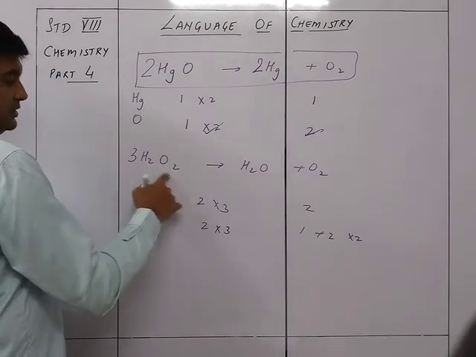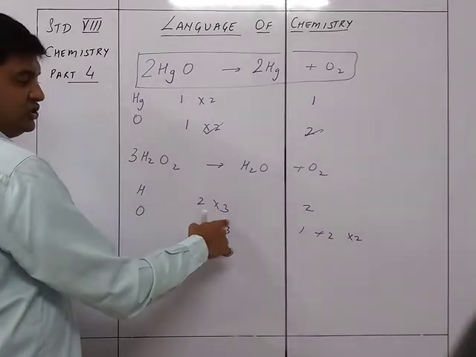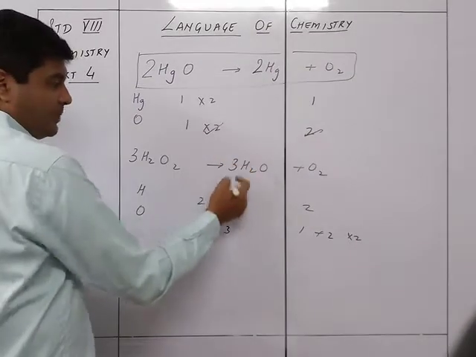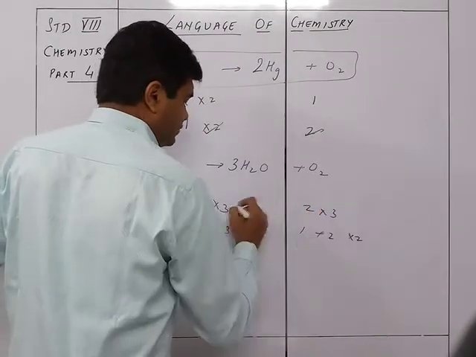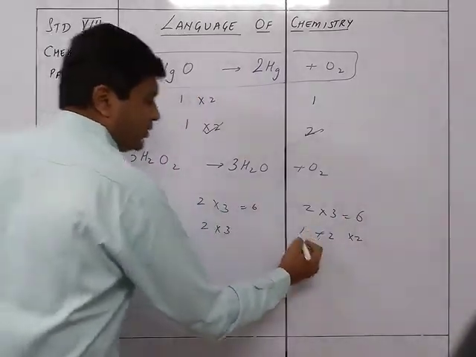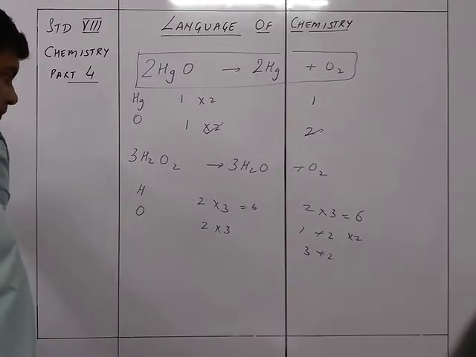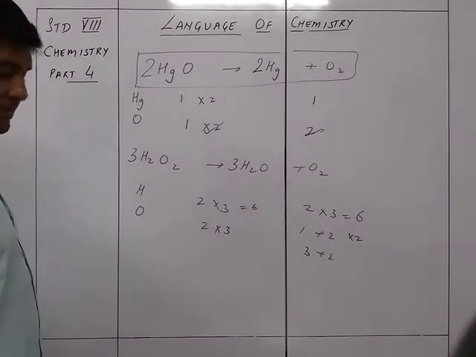So 6O2. Over here again H has changed, so मुझे यहाँ पे भी 3 डालना पड़ेगा, तभी जाके ये complete H हो जाएगा. So H will be 6 here and 6 here, but here it will be 3 plus 2. So again it's not going to be possible. I'll have to try something else.